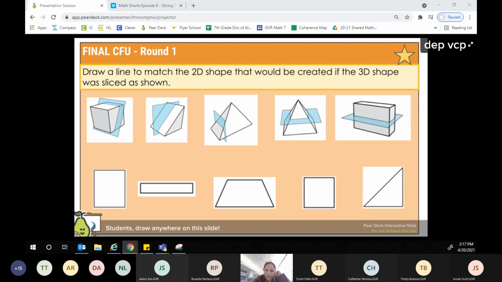That's why I'm trying to give you extra time. And remember, we're matching, so you should be telling me which 3D shape creates which cross section.